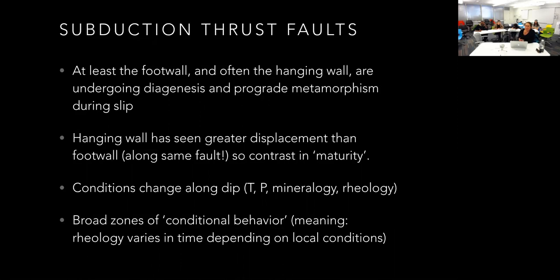Conditions along the fault change in the dip direction, sometimes in the strike direction as well. That's temperature, pressure, mineralogy, rheology, and also the fluid conditions. And that whole system has big zones of conditional behavior, like the orange zones on the last slide. What that means is that they can rupture in an earthquake, but they can also creep aseismically, and it just depends on local tweaks.